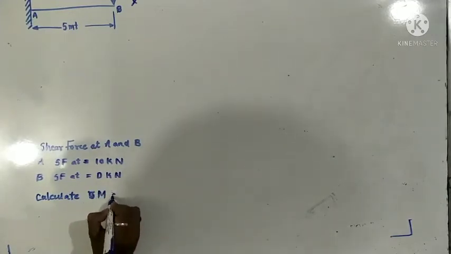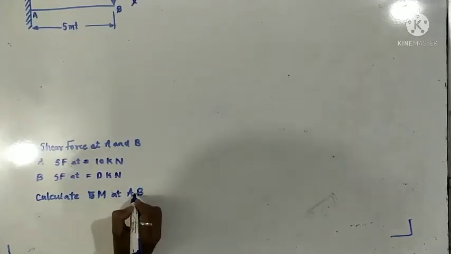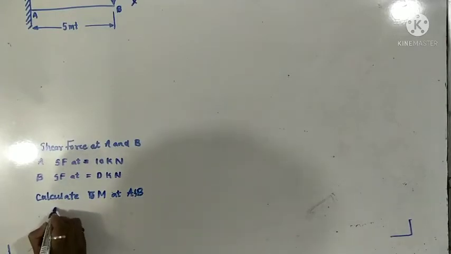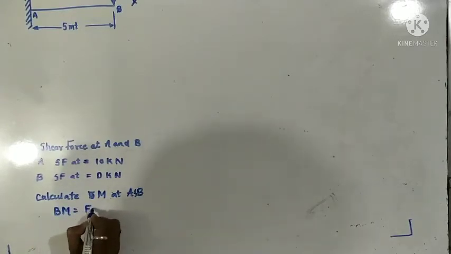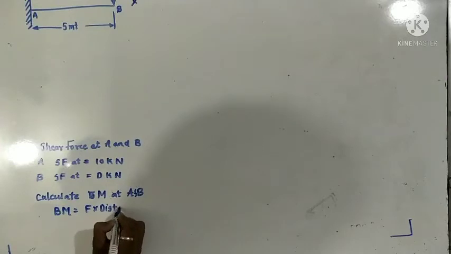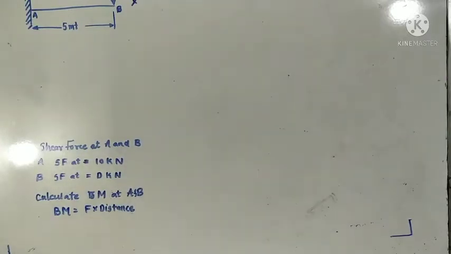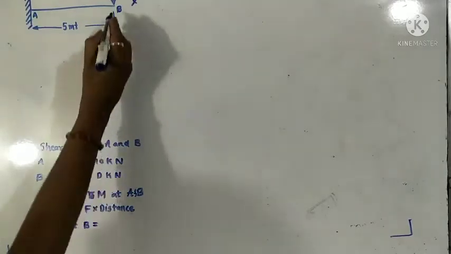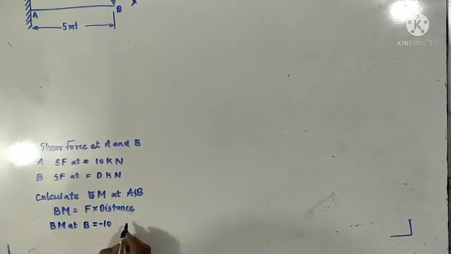Now let's calculate the bending moment at A and B. The bending moment is given by distance into load. So the bending moment at B, the load is 10 and distance is 0 there.